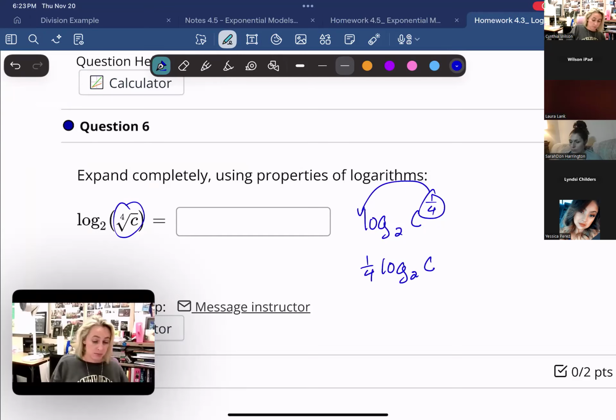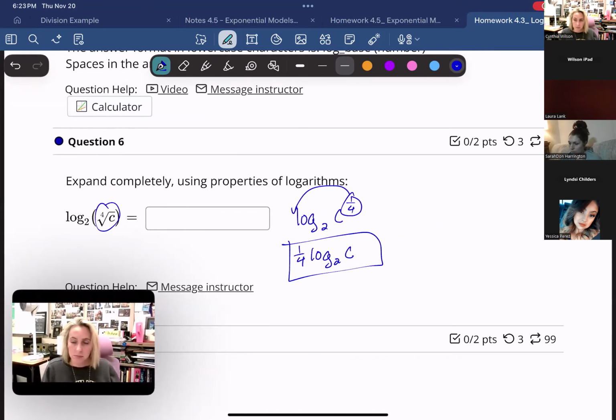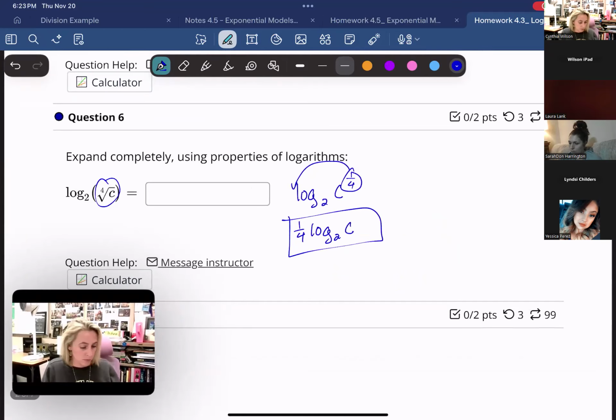Anything else? Okay, I'm gonna go back to 4.5.